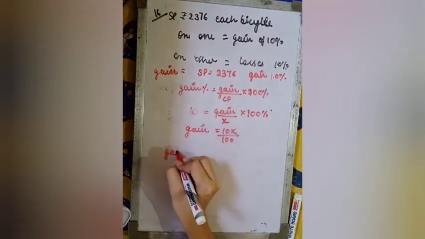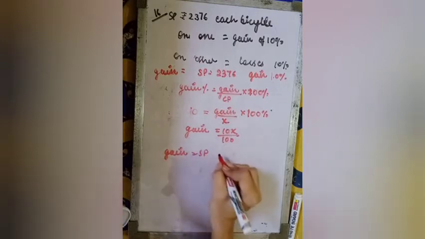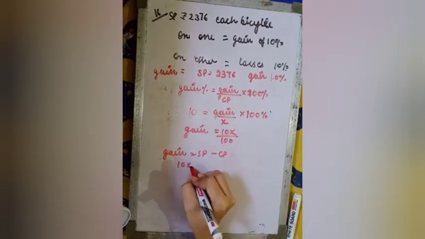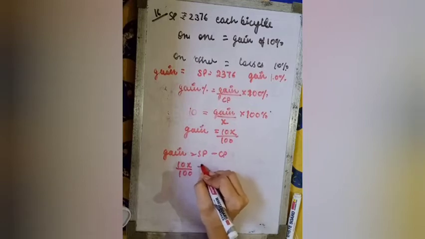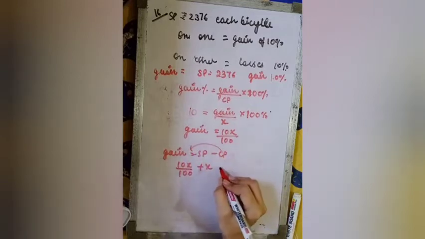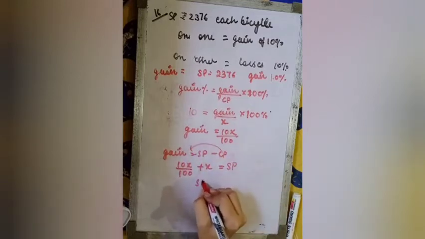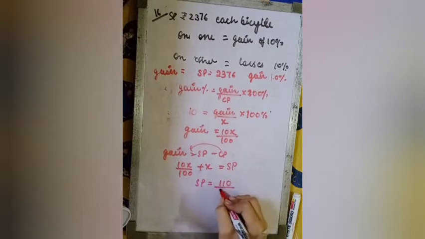Now put the formula gain equals SP minus CP. Gain is 10x upon 100 plus x. Sending this across, it will be x equals SP. So SP equals 110 upon 100x, right?